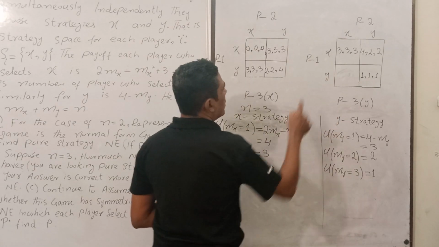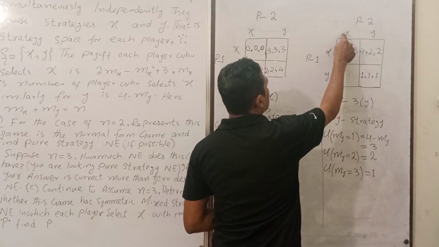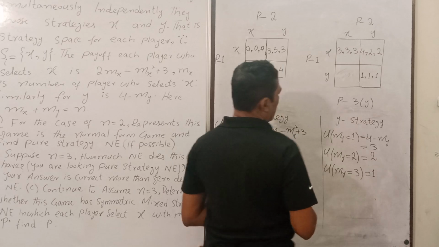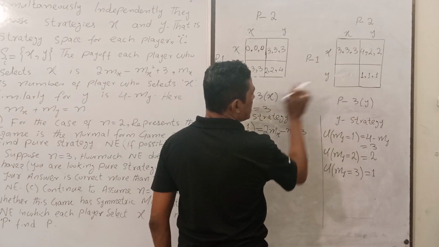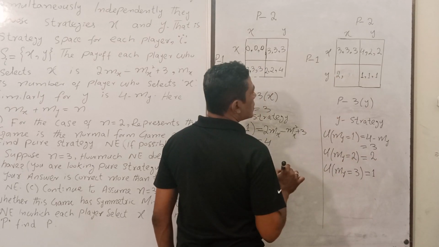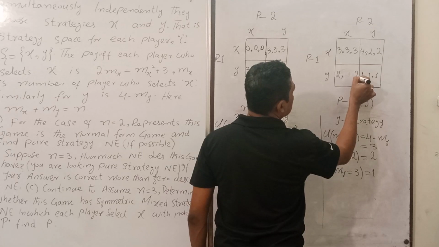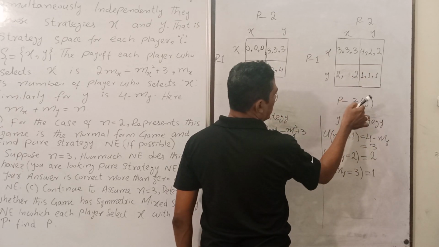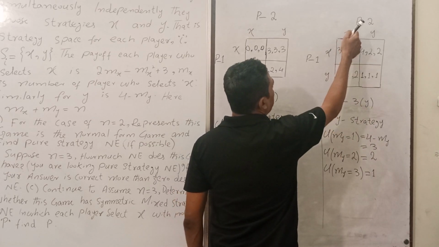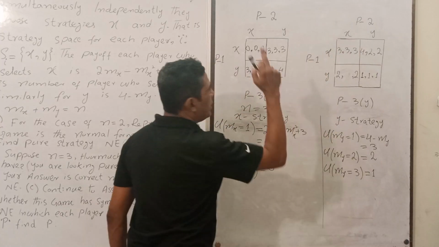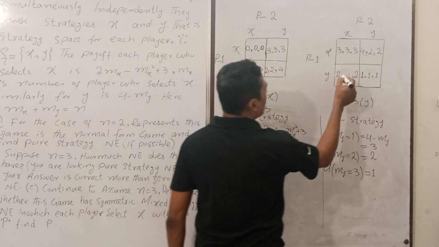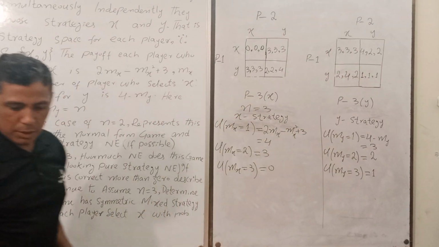Okay, sorry. 1 plays x and 2 plays y. This is y and this one is y. Okay, so player 1 plays y, so my equal to 2. So this is 2. Okay, and this one is 2, because it is also going to play strategy y. What about player 2? Player 2, x equal to 1 is this one, 4. You got my point?